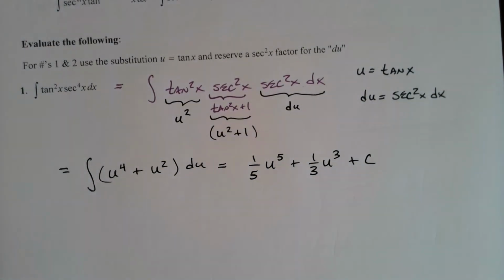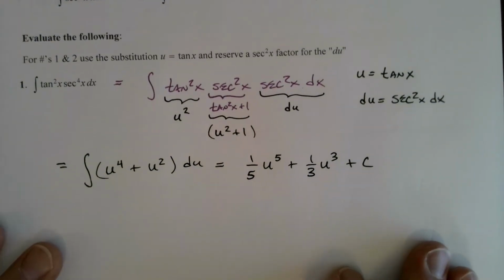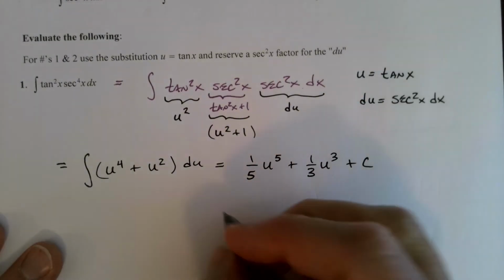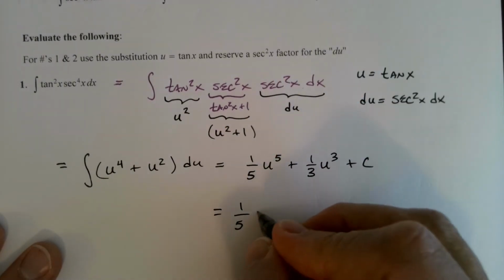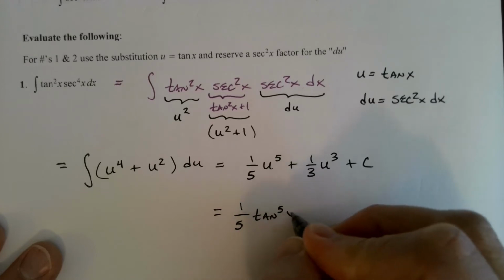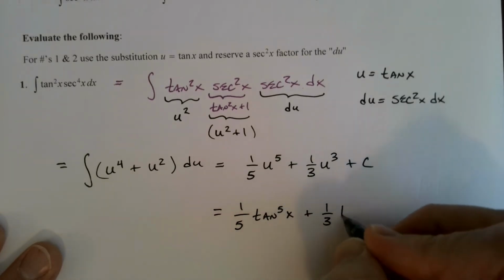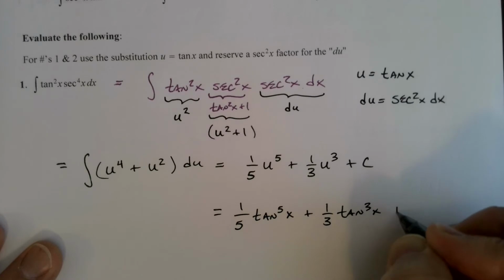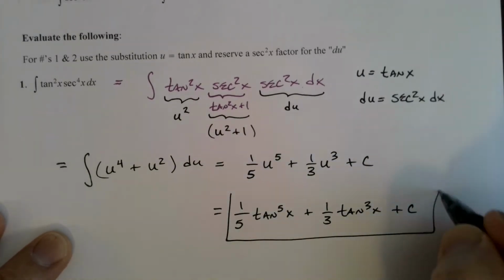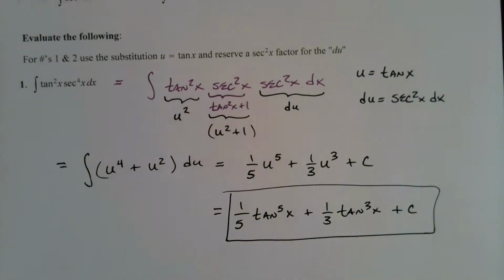Very similar to the integrals we did involving powers of sines and cosines. Go back to u, which is tangent x, and we have our answer. Beautiful, right? Very fun.